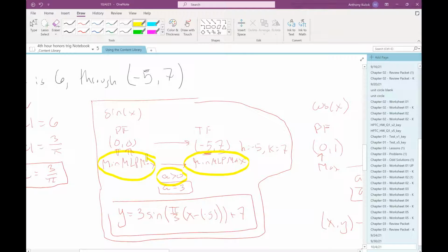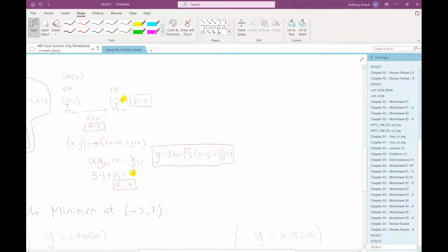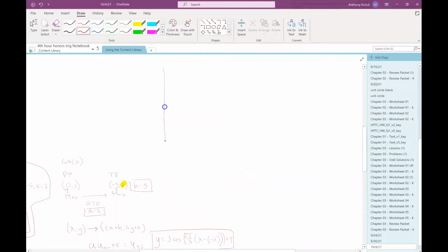Jack, you had your hand up. Could you just repeat the equation used to find h? Sure. So in general, as an aside, we know (x, y) goes to (cx + h, ay + k), right? So I can say c times the x from the parent function plus h should give me the x from the transformed function.